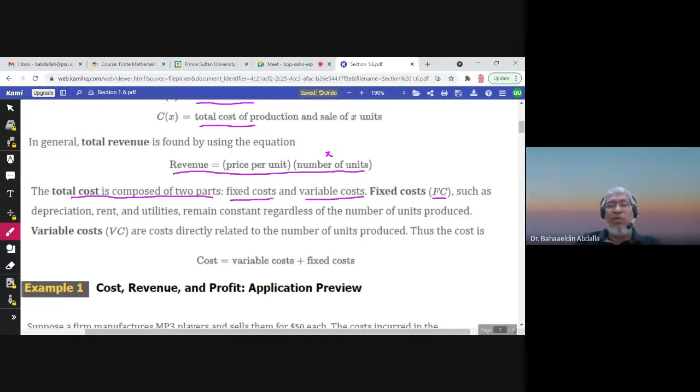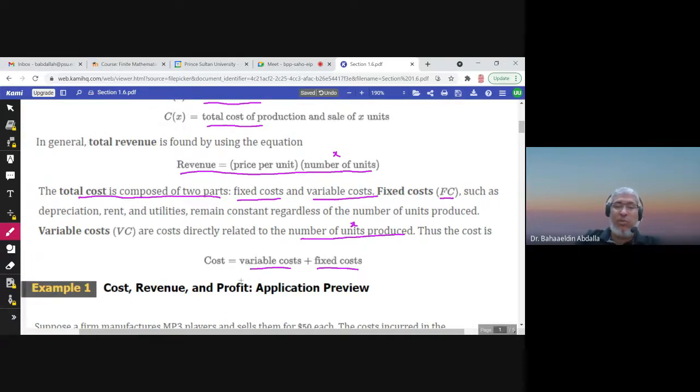And the variable cost depends on the number of units produced. So the variable cost would always be a function of X, the number of units produced, while the fixed cost is a number, fixed, and the cost will be the sum of these two, the total cost.